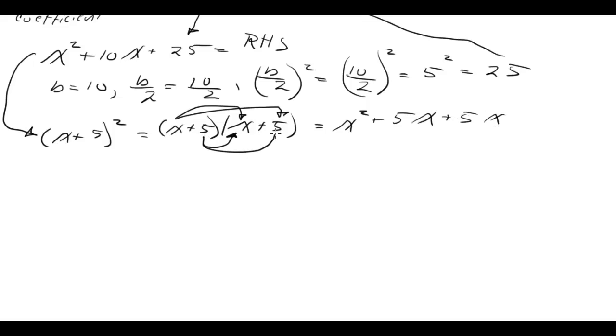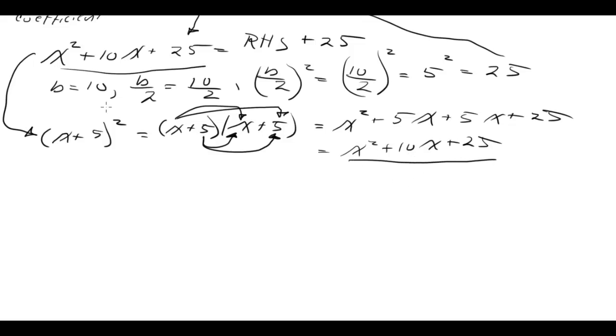And 5 times 5 is plus 25. Combine like terms, and I have x squared plus 10x plus 25. And also remember, the 25 has to go over here as well. Otherwise, the equation's no longer going to be equal. And of course, now we know that this, this, and this are all the same.